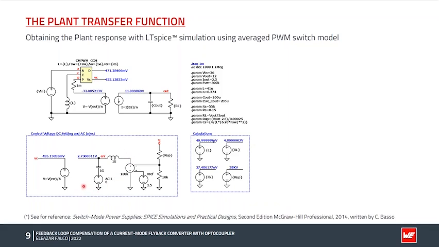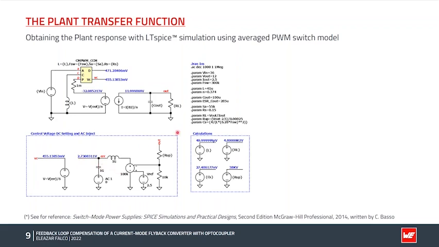We see how the AC signal is injected here, and that, when we design the converter at the end, will correspond to the output voltage of the compensator. So this will be the node output of the compensator, which goes to the peak current mode duty cycle generator input.